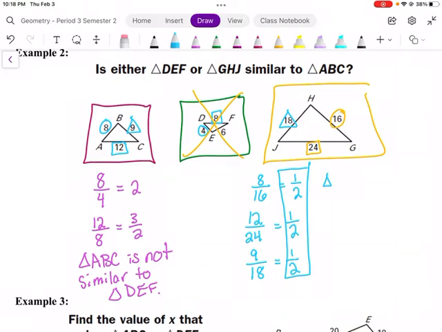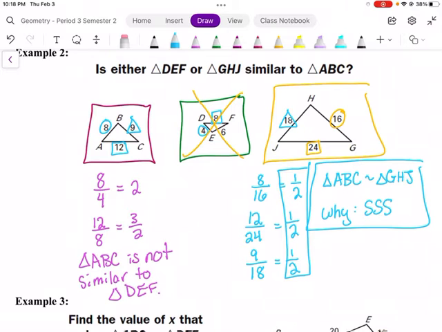So this one, we could say ABC is similar to triangle GHJ, and the why would be side, side, side, because we showed that all three sides were proportional with each other between the two triangles.